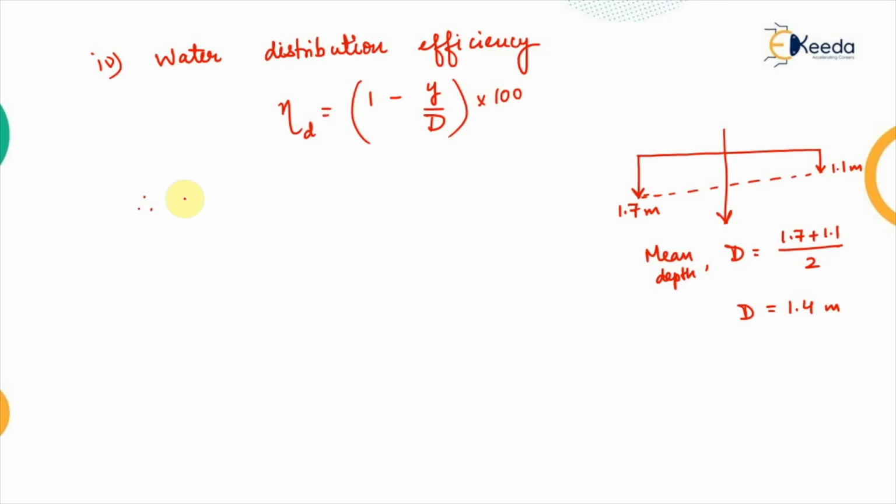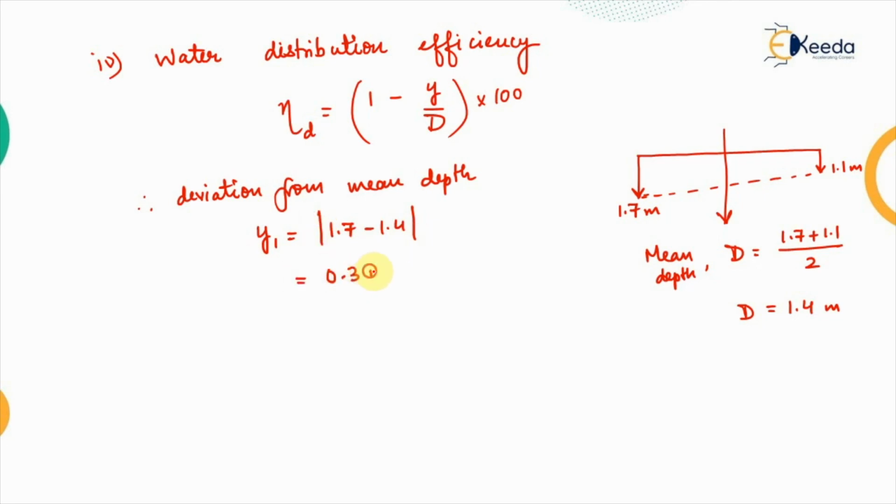Therefore the deviation from the mean depth, for y1, will be the mod of 1.7 minus 1.4, and that results in 0.3 meters.